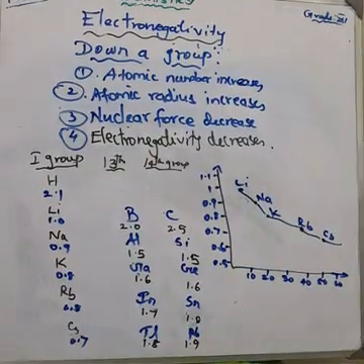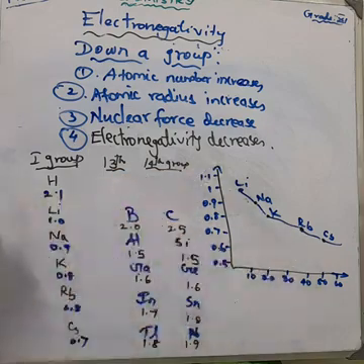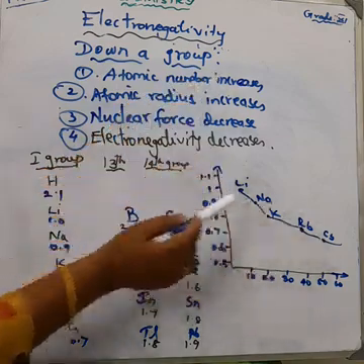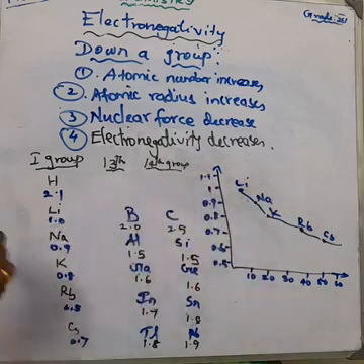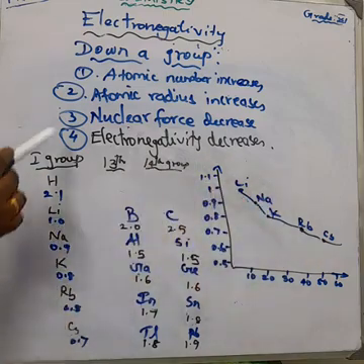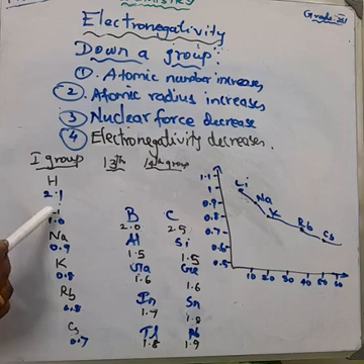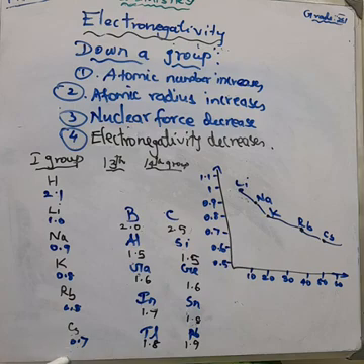This is the graph given for the variation of electronegativity along the first group: lithium, sodium, potassium, rubidium, cesium. These are the electronegativity values: lithium 1.0, sodium 0.9, potassium 0.8, rubidium 0.8 and cesium 0.8.